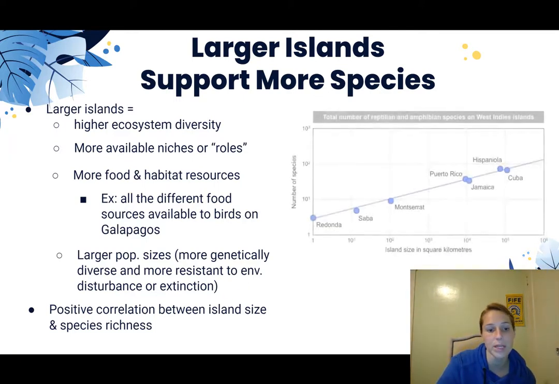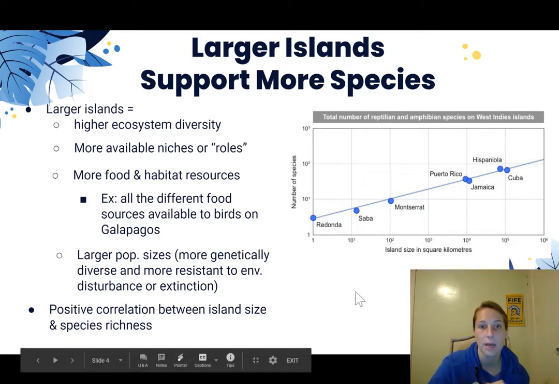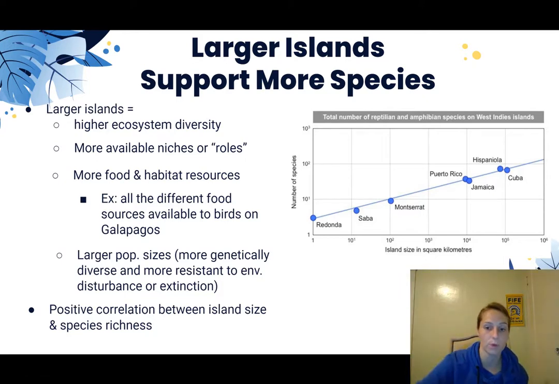And what we're going to see is a positive correlation between island size and species richness. Positive correlation is terminology that will be beneficial for us to use when we're talking about relationships. Positive correlation means that as one variable goes up, the other also goes up. They're doing the same thing.